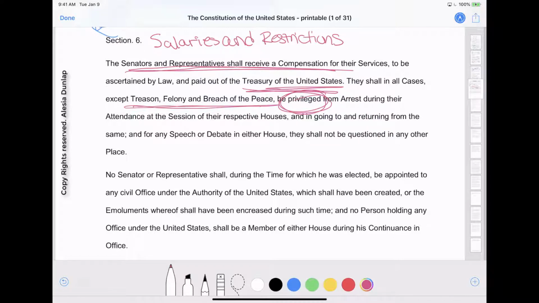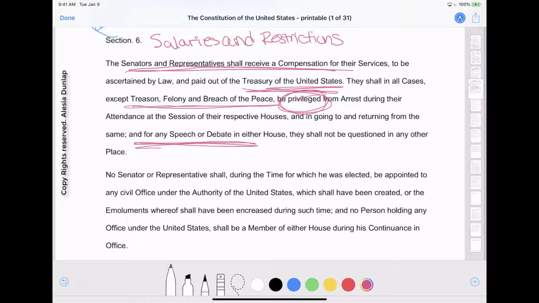Privilege, which includes speech or debate. While they are a senator, they cannot have a new civilian job or jobs with higher salaries in the U.S. government while serving their term in Congress.